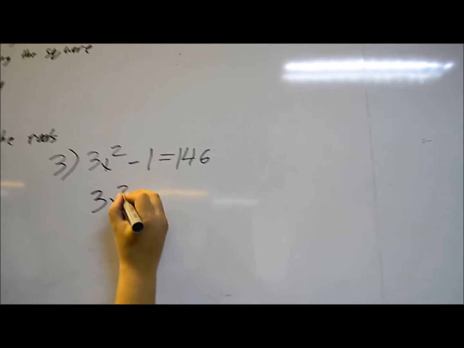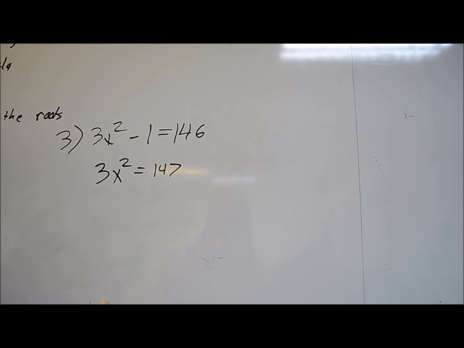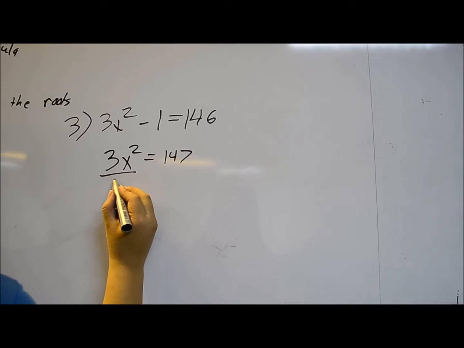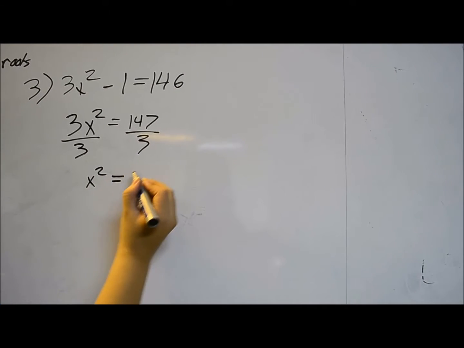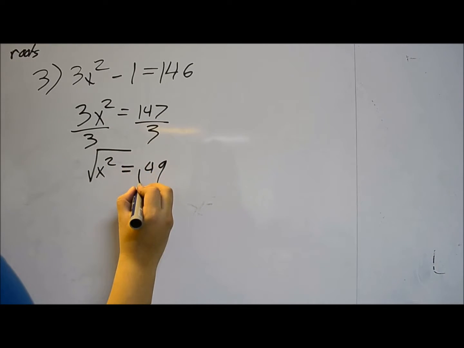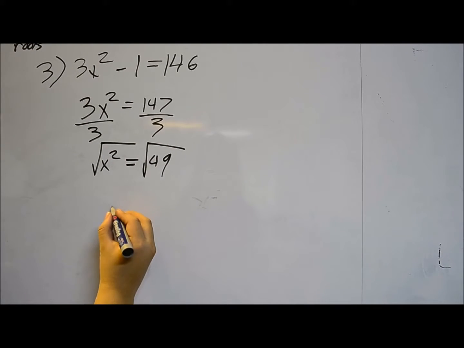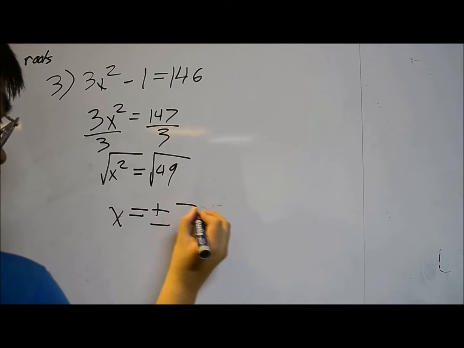So we shall have 3x squared equals 147. Dividing both sides of the equation by 3, we will have x squared equals 49. And so we can extract the square roots of both sides of the equation, and we will have x equals the positive and negative of 7.